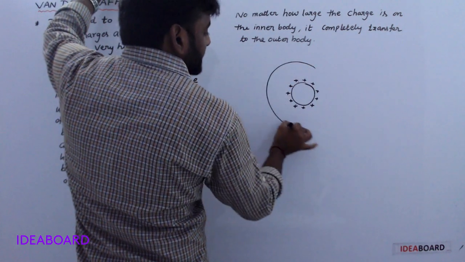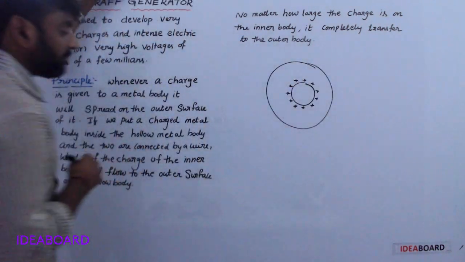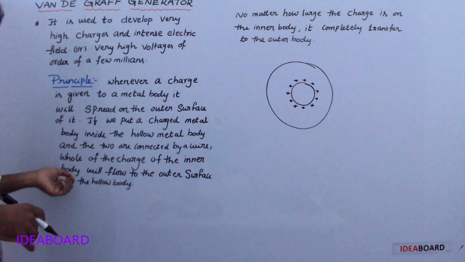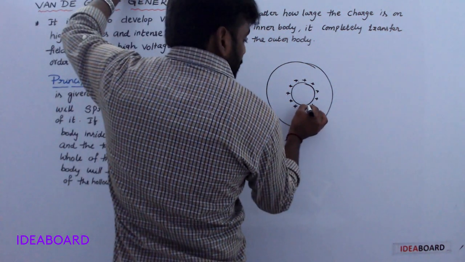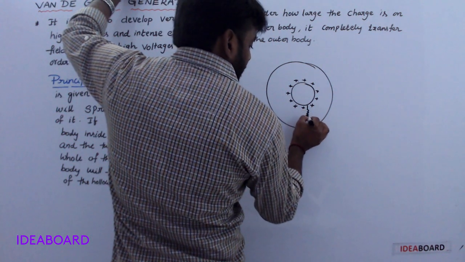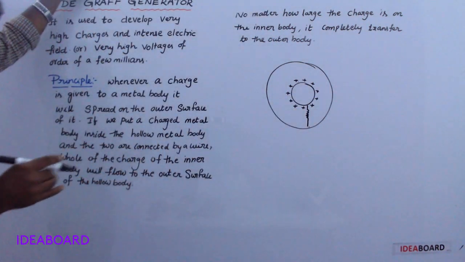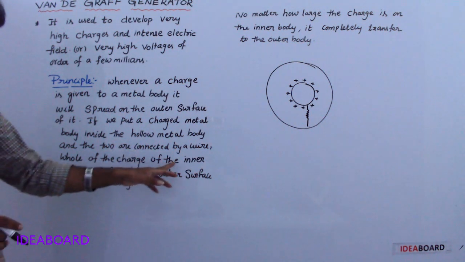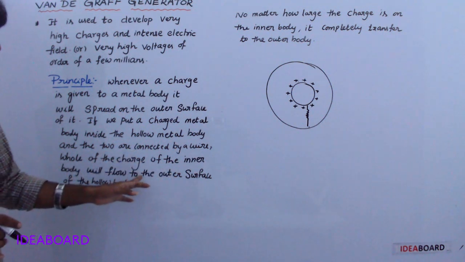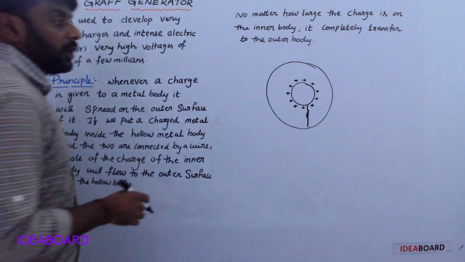Okay. If we put a charged metal body inside a hollow metal body, and the two are connected by a wire, the whole of the charge of the inner body will flow to the outer surface of the hollow body.